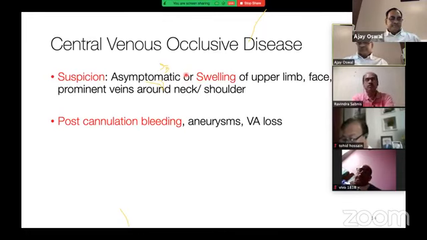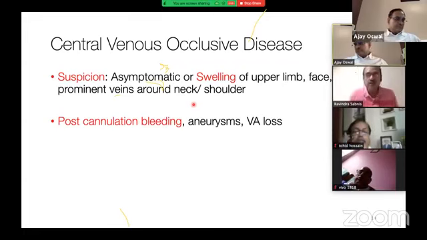The central venous system problem is that there are multiple times you can suspect it. One is that if the fistula which you have done technically is not maturing as per your expectation, there is a problem of the proximal stenosis. On table, if the flow is not going properly, that's suspicious of central stenosis.